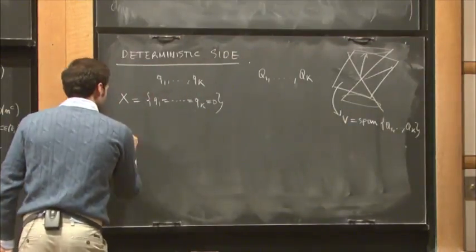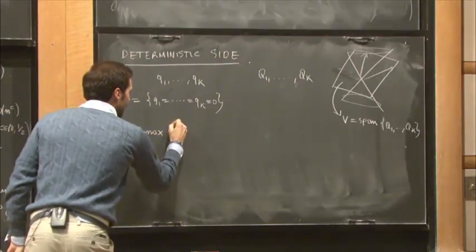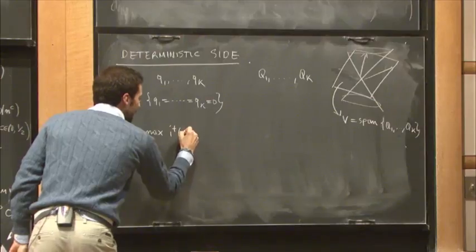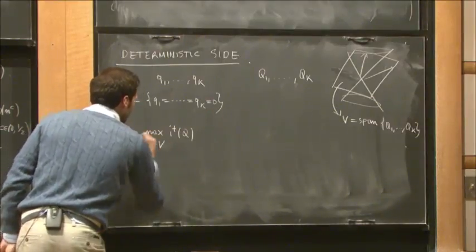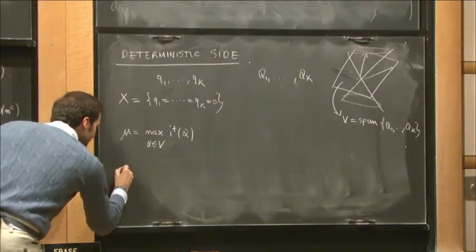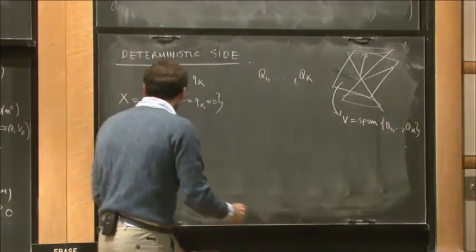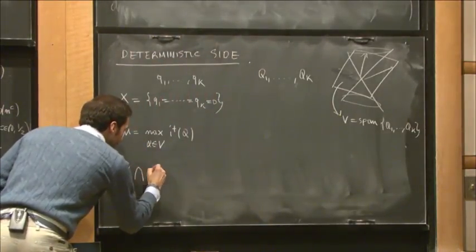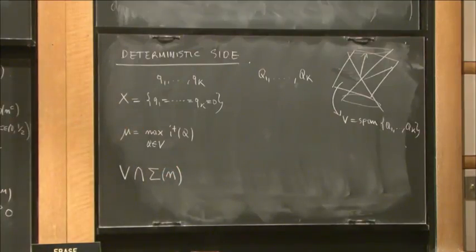The first ingredient is mu, the maximum that the function number of positive eigenvalues attains over this space. The next ingredient is the intersection of this space with the object I defined at the very beginning, the set of singular matrices.